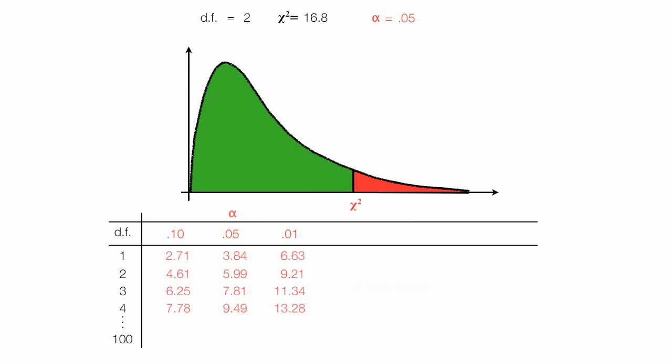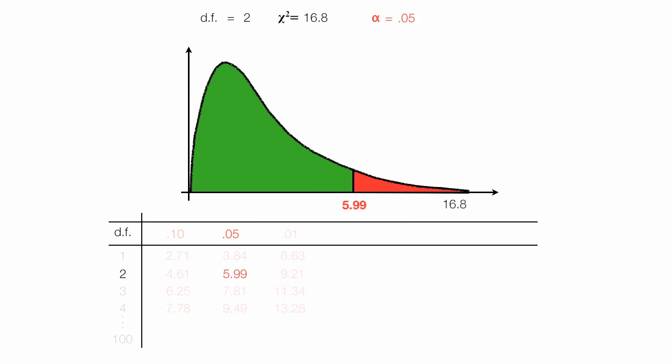And let me just put in the critical values. These are the critical values. Take my degrees of freedom, that tells me what row I'm on right there, and it intersects with the alpha value of choice, which is 0.05. So my critical value is 5.99.